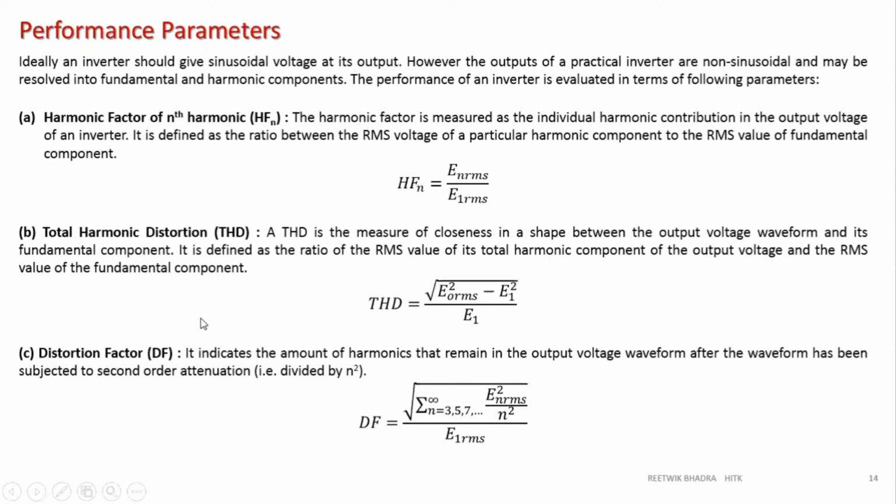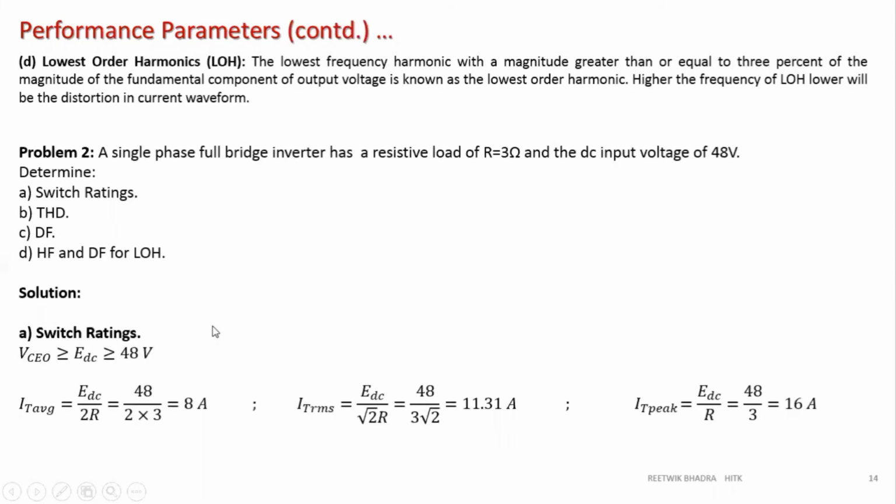Those calculations depend on some factors: harmonic factor, total harmonic distortion, distortion factor, which means how the waveform is distorted from the actual wave, and lowest order harmonic. The lowest order harmonic is always the third order harmonic, because it is the lowest one.